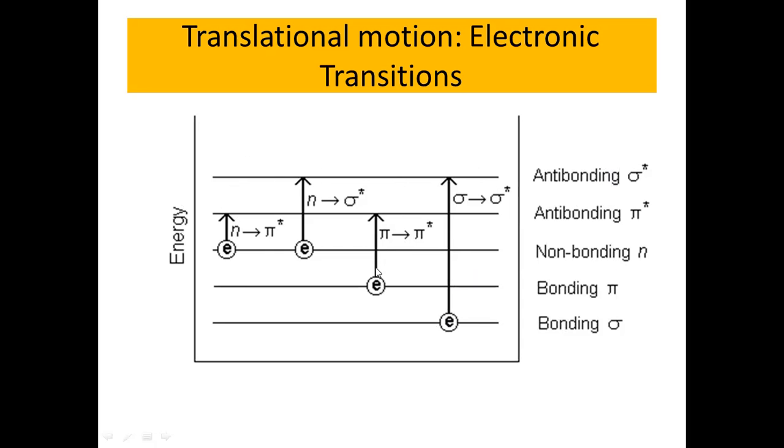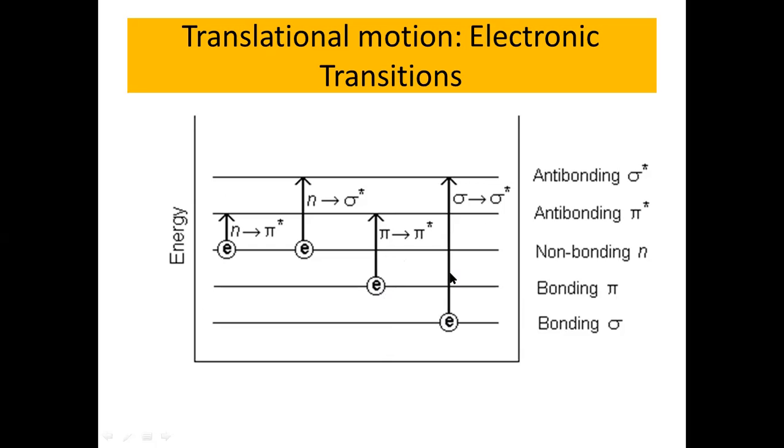When you get the spectra from the UV visible spectrophotometer, you will get a lambda max, and the lambda max or the other transitions come from these different translation motions of the electrons, or you can say these are the electronic transitions.